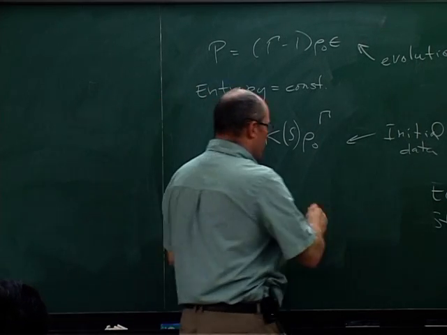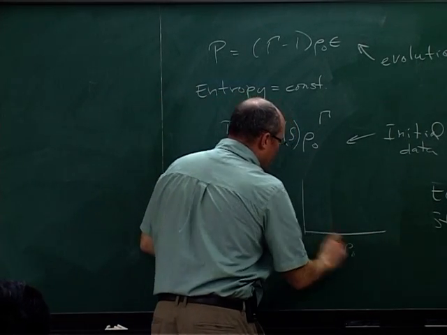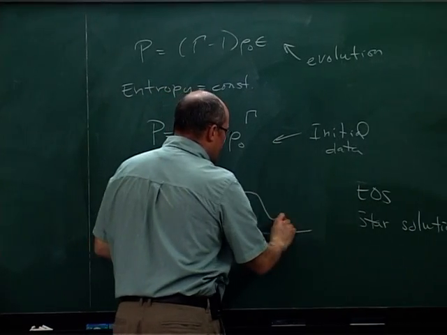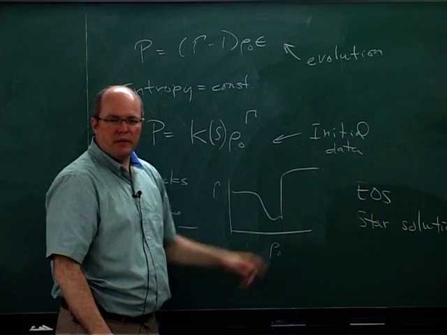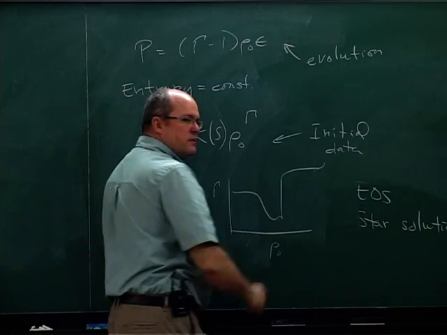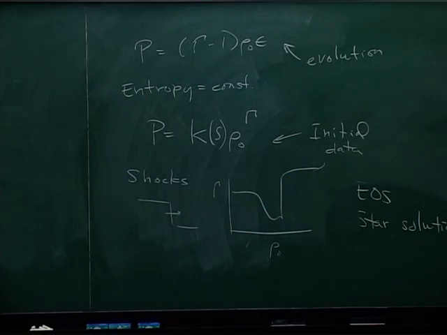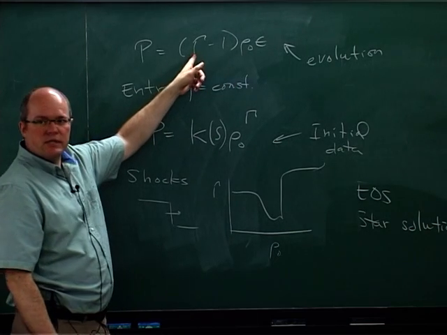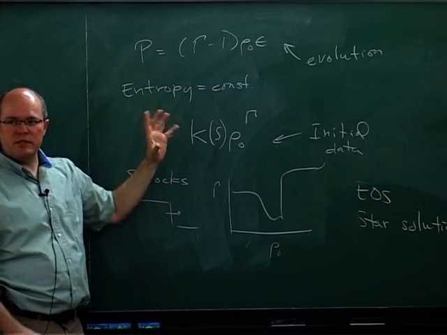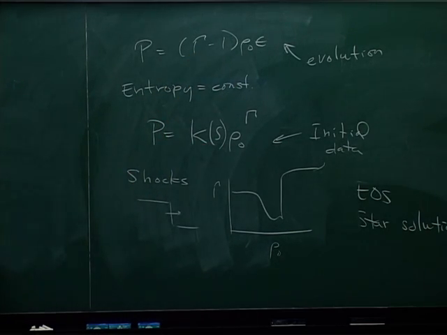You'll see people plot rho and plot gamma, and you'll get something that drops down when you have neutron drip and then goes back up, a complicated function for gamma. We'll just assume that gamma is a constant. But yes, there's some microphysics in the choice of gamma, because gamma is this ratio of specific heats.